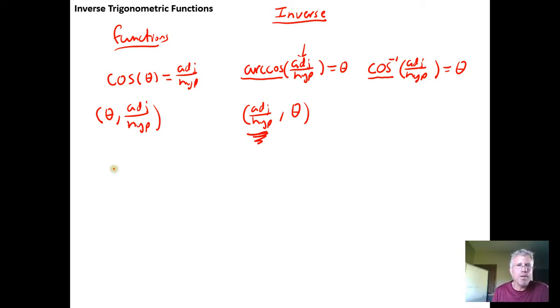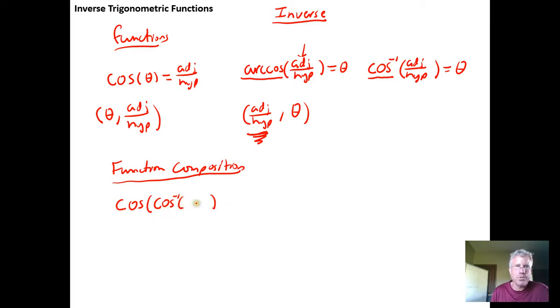And then if we think about function composition, we can say, what if I start with the cosine function and I input into it the inverse function cosine inverse? Well, what do you put into the cosine inverse function? You put side ratios into it, adjacent over hypotenuse, the specific side ratio.